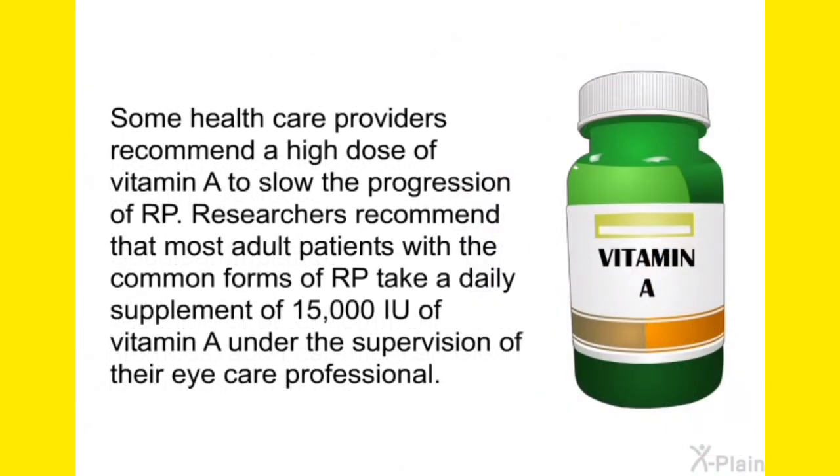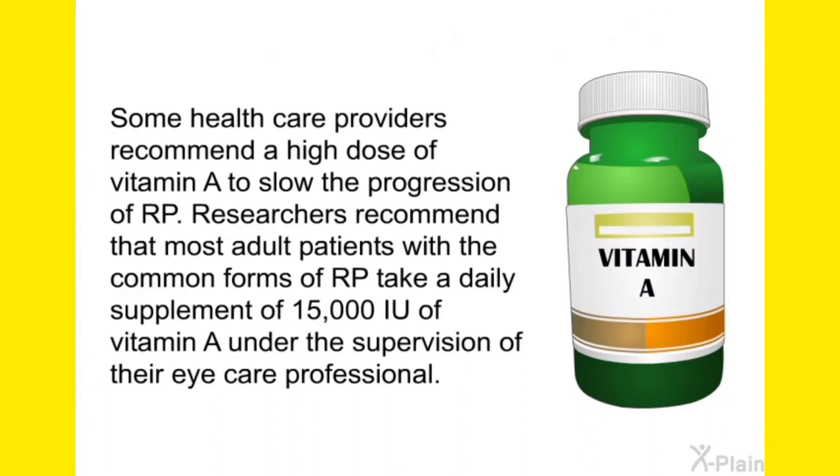Another thing which is also recommended sometimes is to provide a very high dose of vitamin A to slow the progression of the RP, the retinitis pigmentosa which the patient is suffering from.